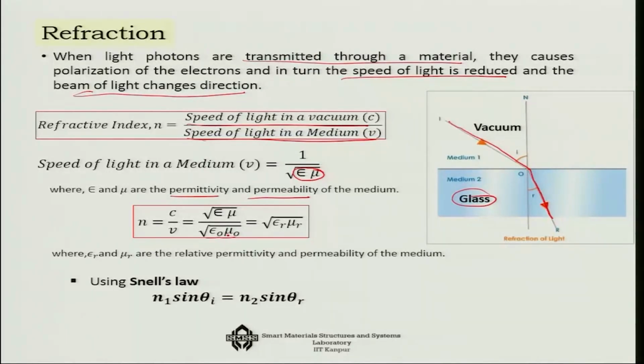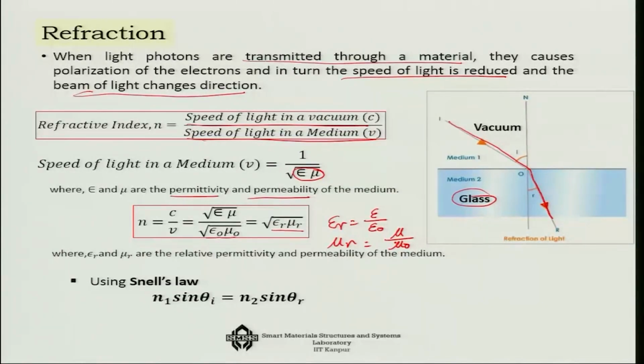In other words, it is square root of epsilon r mu r, where epsilon r is epsilon over epsilon 0 and mu r is mu over mu 0. That means relative permittivity and relative permeability will come into the picture.